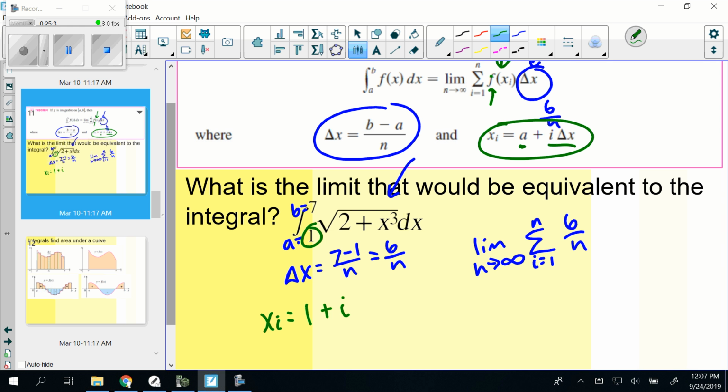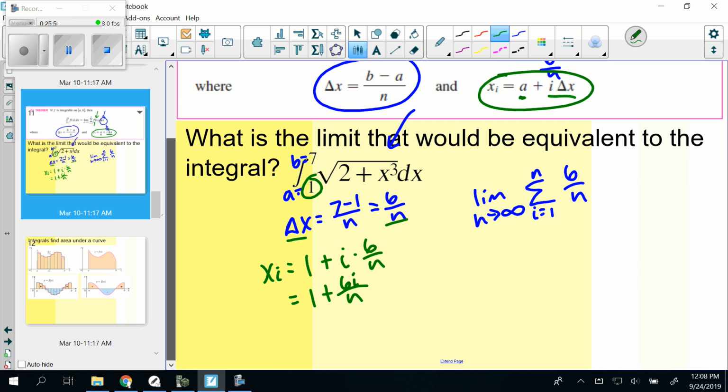Our change in x is 6 over n. Or we could also write that as 1 plus 6i over n. Okay, but that's x of i. If we want the function at that, now we need to plug this into our function for x.